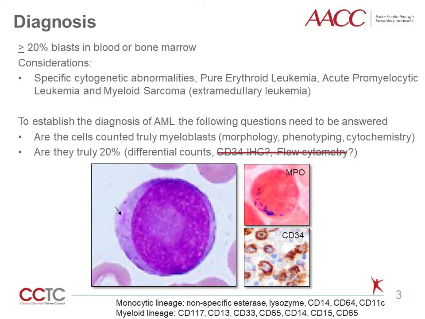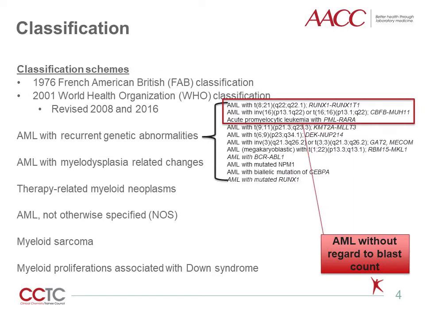While CD117, CD13, CD33, CD65, CD14, and CD15 are commonly expressed by myeloid cells, they are not definitive markers of myeloid origin.